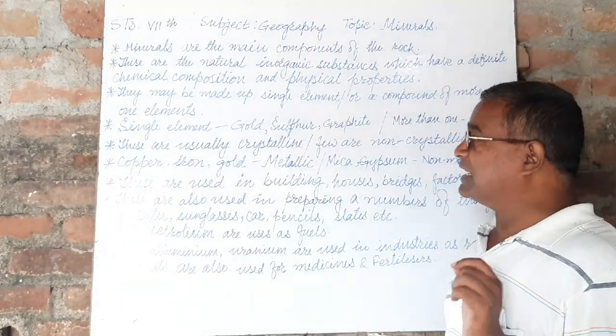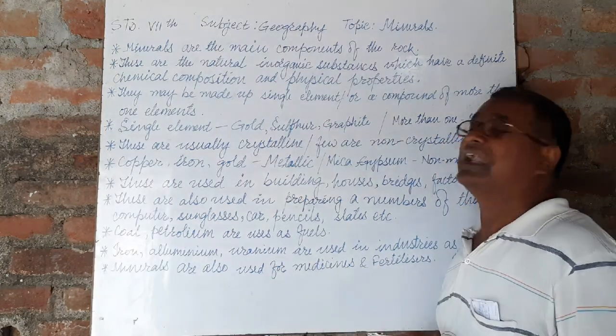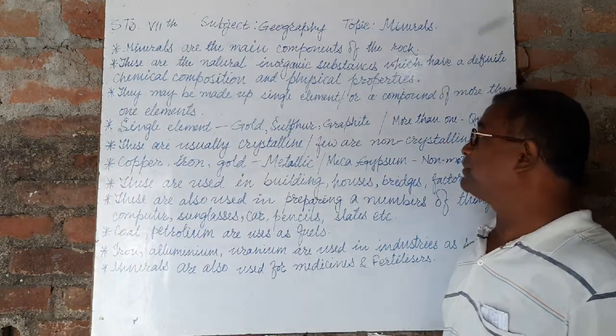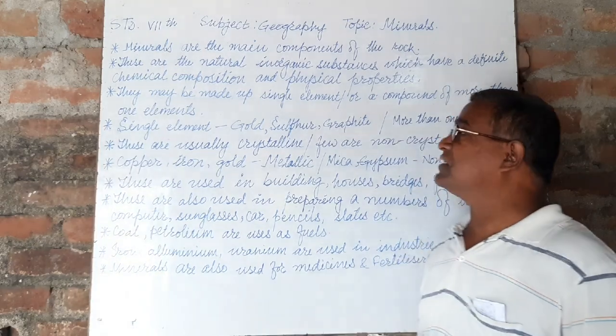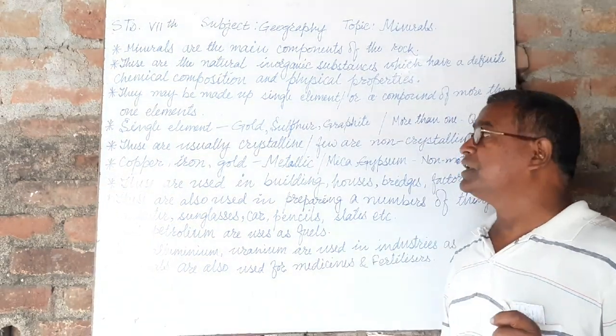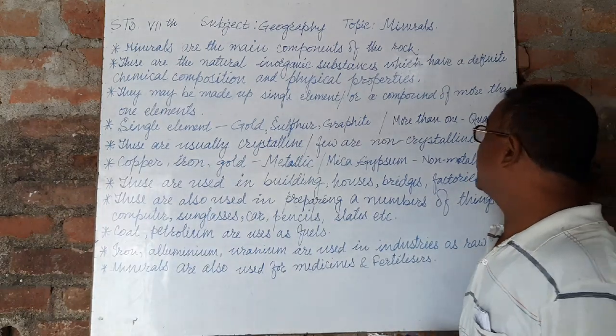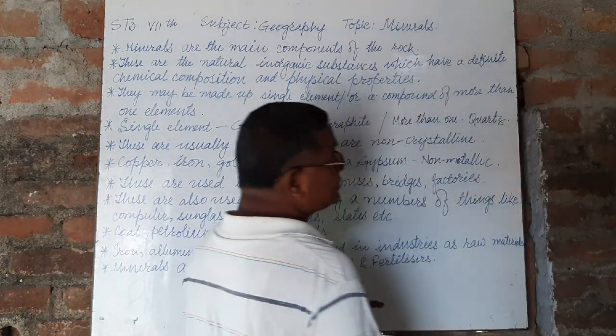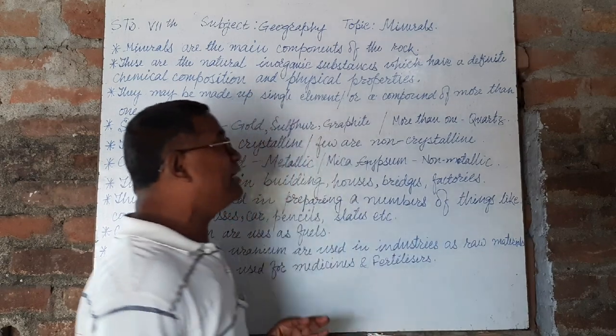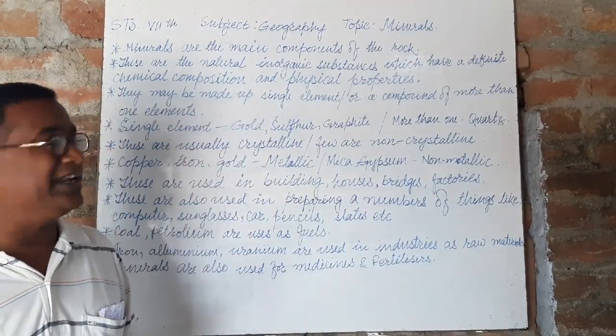Some examples of single element minerals are gold, sona, sulfur and graphite. On the other hand, quartz is made up of more than one element.